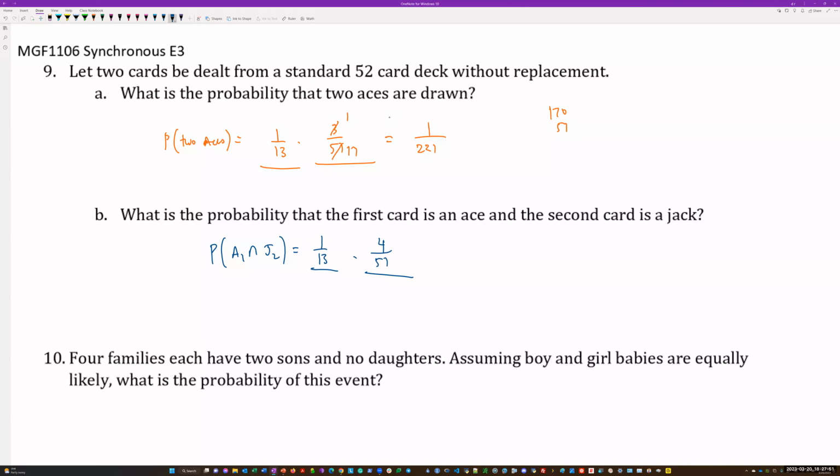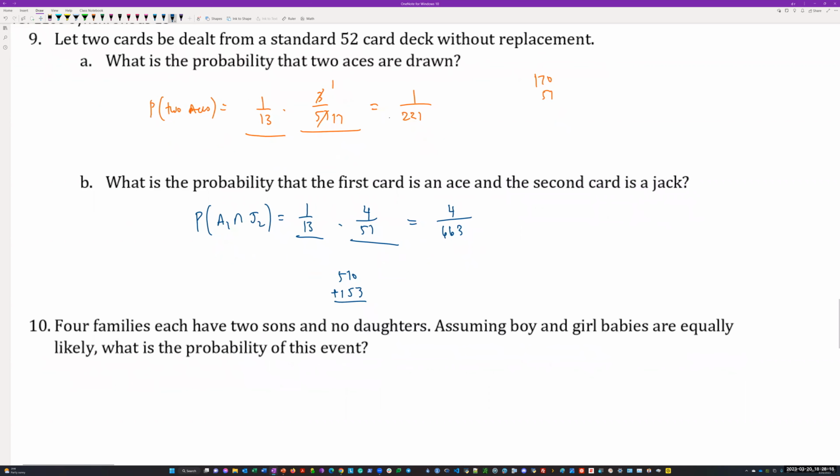Does that make sense? 4 out of 51 times 13 is 510 plus 153. So that's 663.